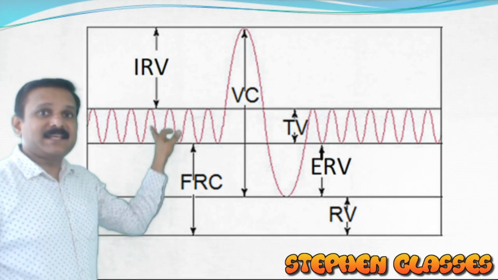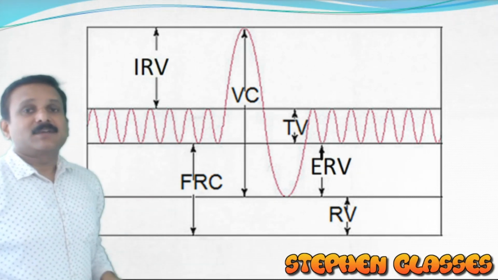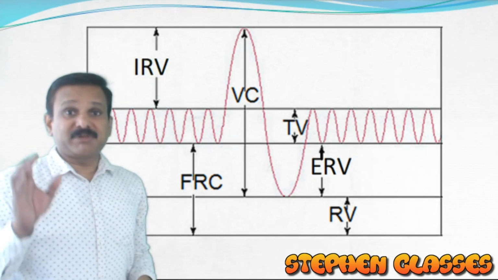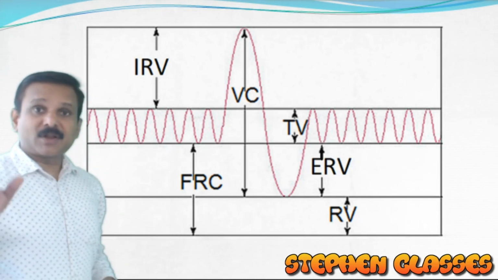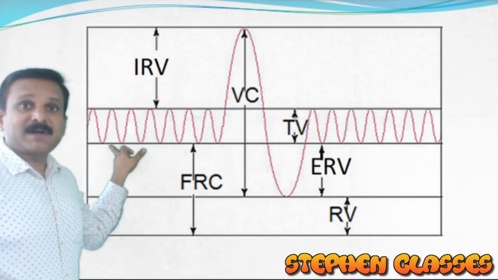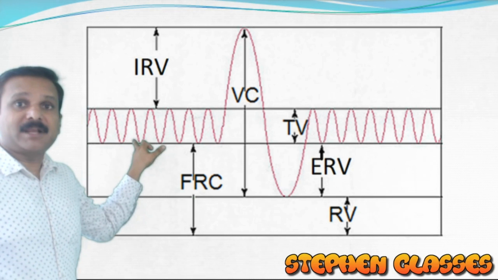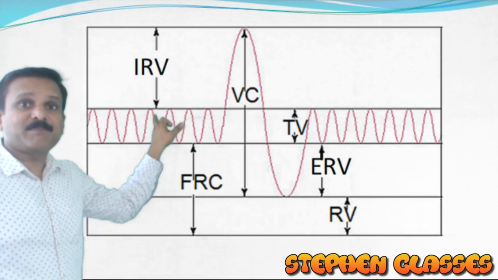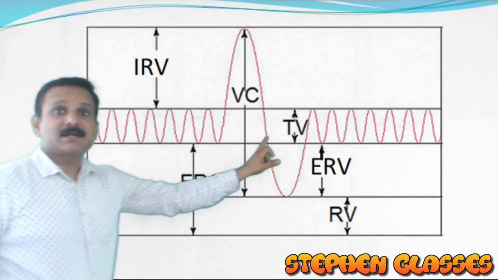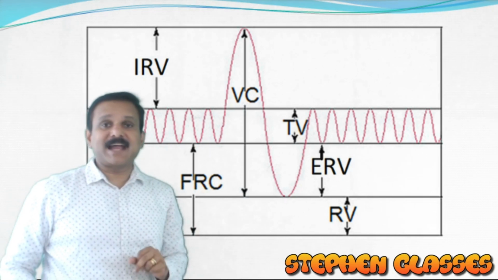Between B and C, these two lines, you can identify the normal breathing process. During normal breathing, we inspire normally and we expire normally. This is considered here, and we can take it as the tidal volume. So what is tidal volume?